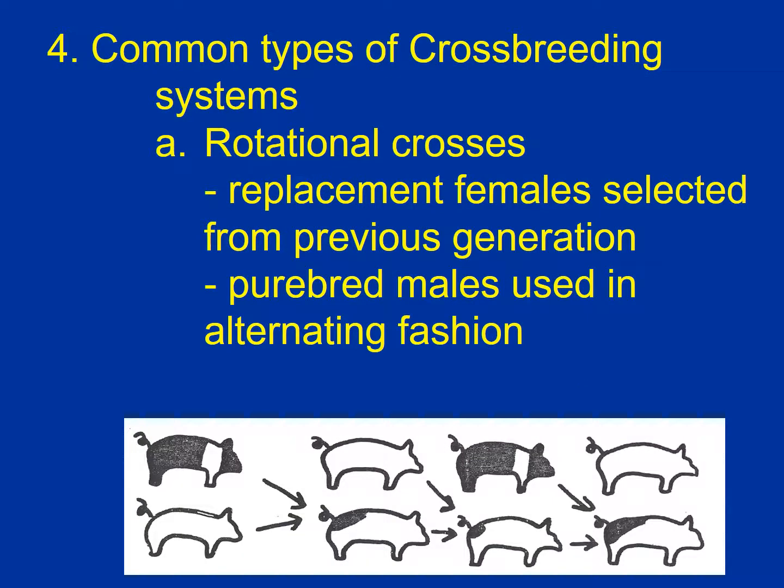All right, now we just want to talk about rotational crossbreeding systems. On the next video, we'll talk about other types of crossing systems, but when crossbreeding began in our livestock back 70, 80 years ago, rotational systems were by far the most common. So rotational systems, what are we doing here? The replacement females come from our own herd.